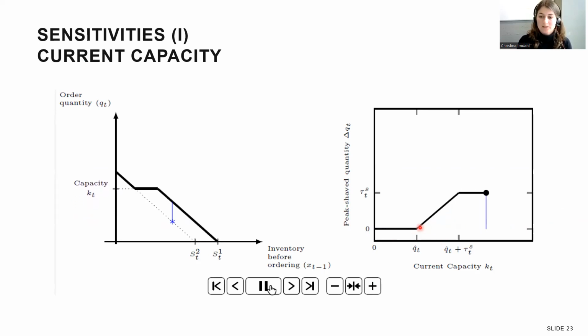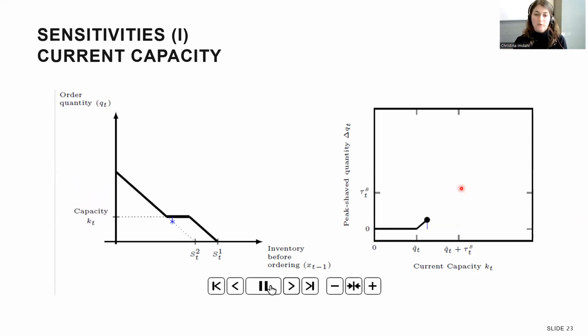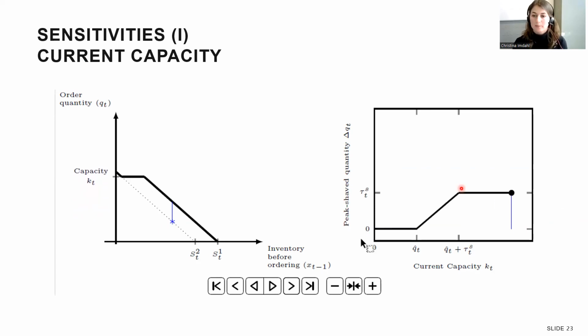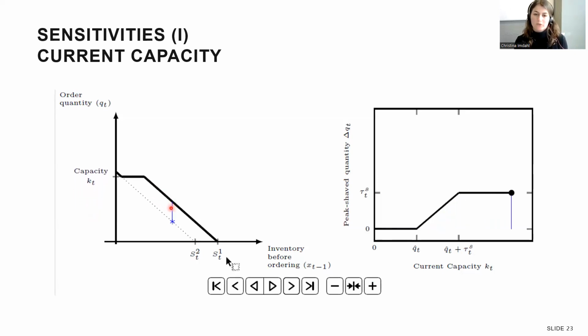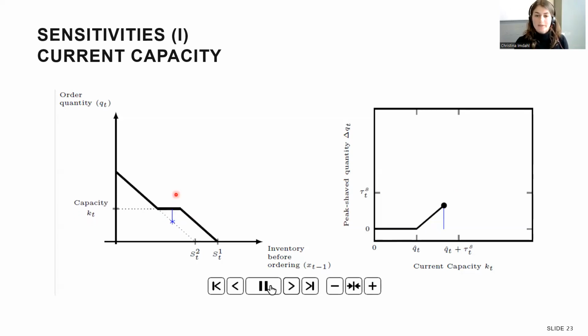Then when the capacity increases and we have space in the current period, we advance some items of the future periods, and that increases exactly by 1. Whenever the capacity increases, the amount that we advance also changes by 1 unit. But it only does so until this point is reached, and then exactly the shifting need is advanced. So we never advance more than the shifting need, even if the current capacity is ample.